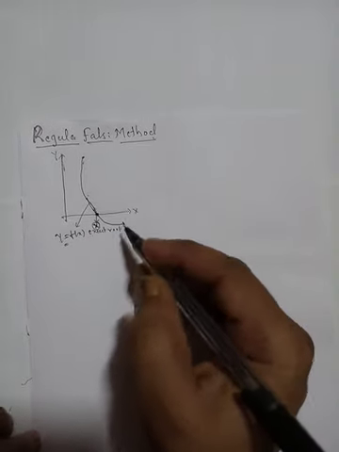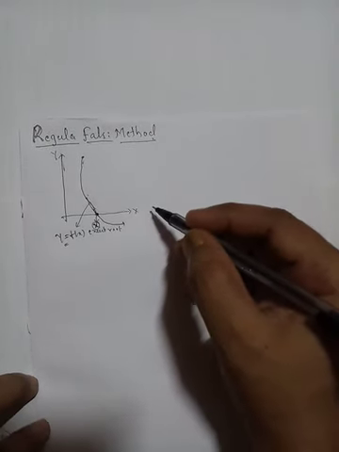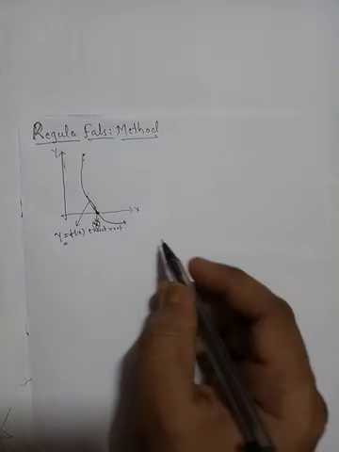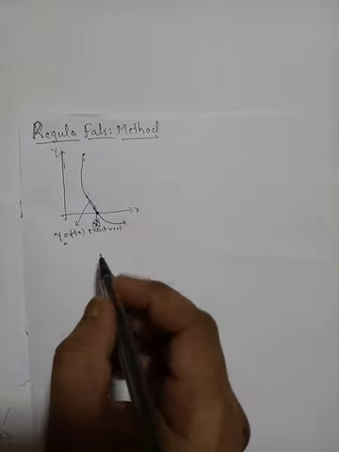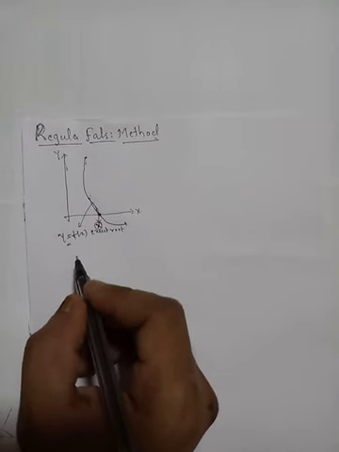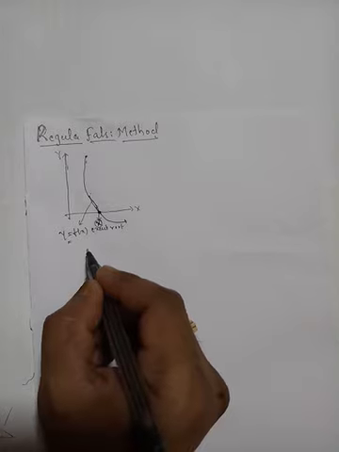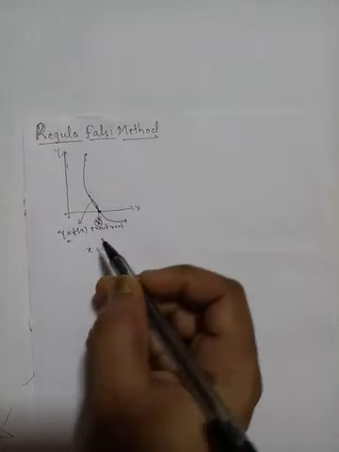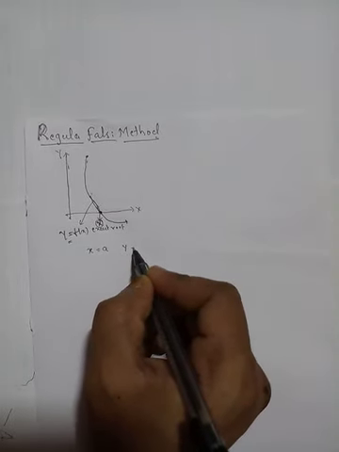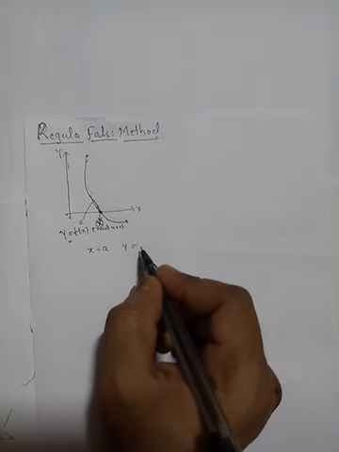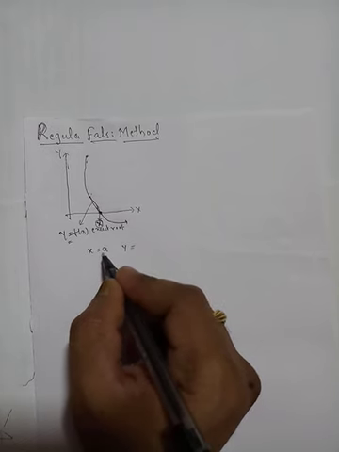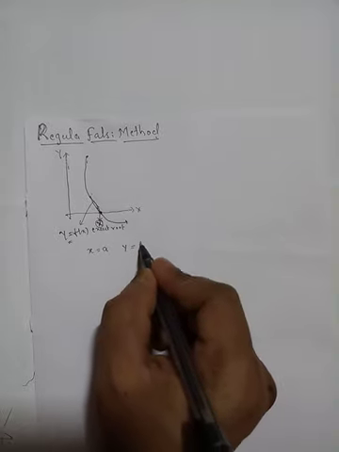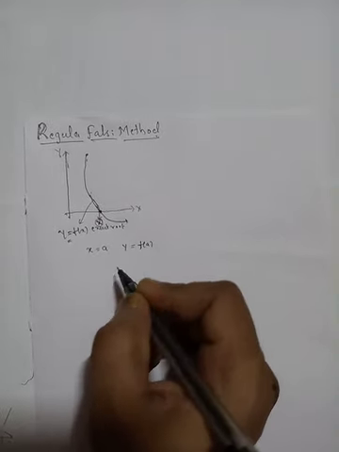Now, by the regula falsi method, the formula we are going to derive, at first we have to apply the fundamental property. So first we take some value of x in the given function, say x equal to a, and we get the value of y as f of a.